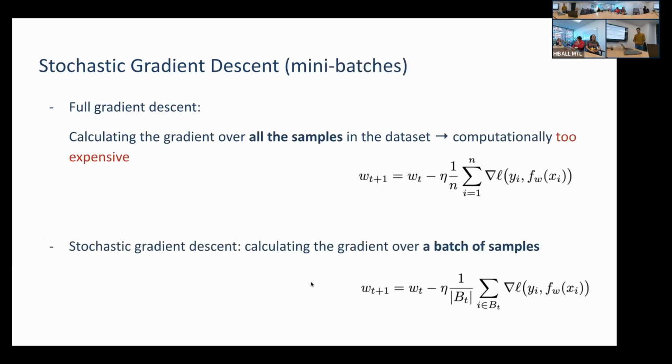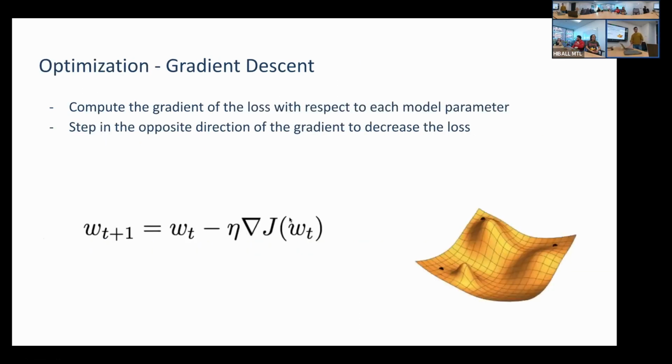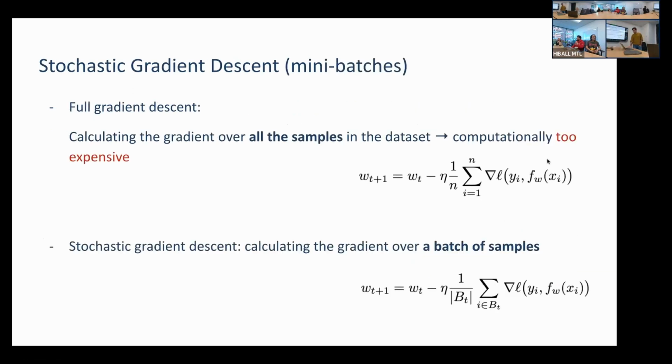There is a bit of subtlety here. If you want to estimate this gradient, which is the slope of the loss at that specific point, you have to calculate this gradient over all the samples in your data set, average them, and subtract them from the current value of the weight. But this is very expensive computationally.